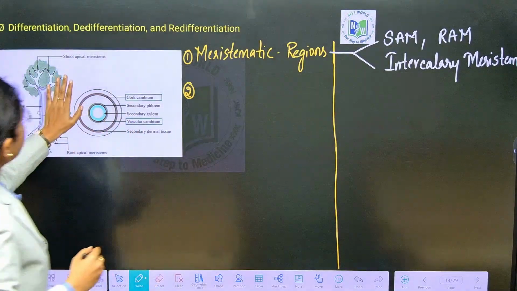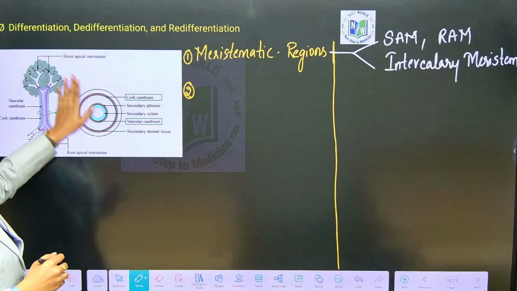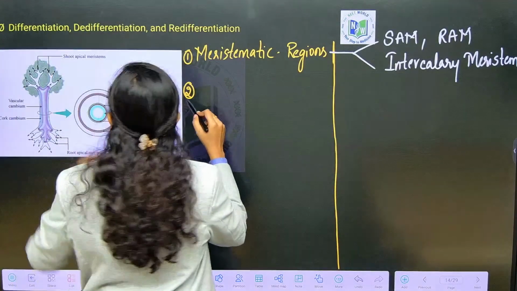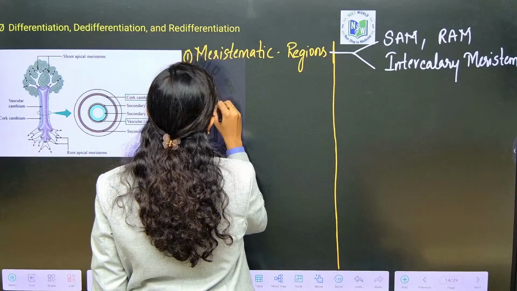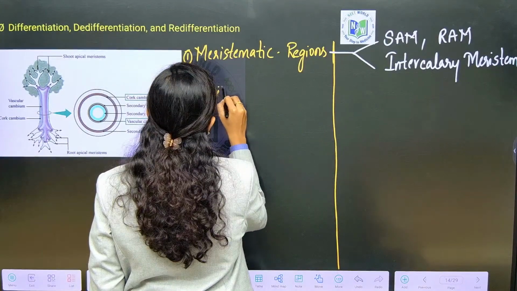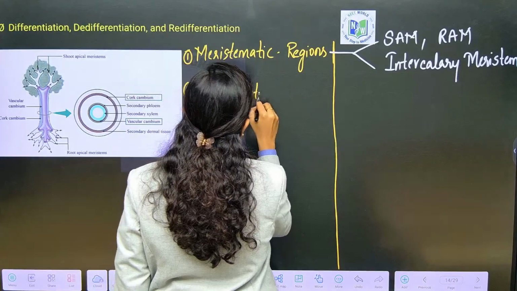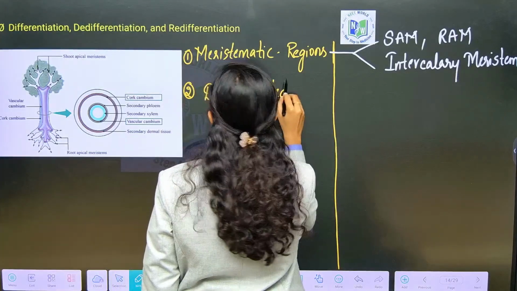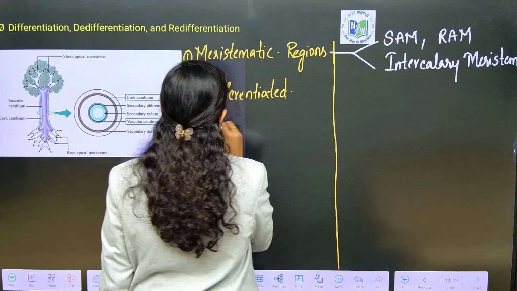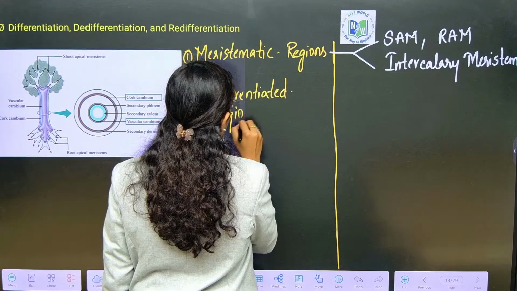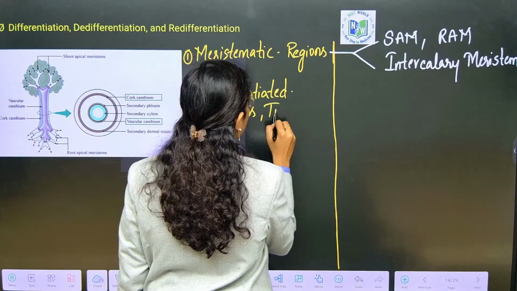So, first differentiated regions and differentiating tissues you observe. Let us see differentiated regions and tissues.